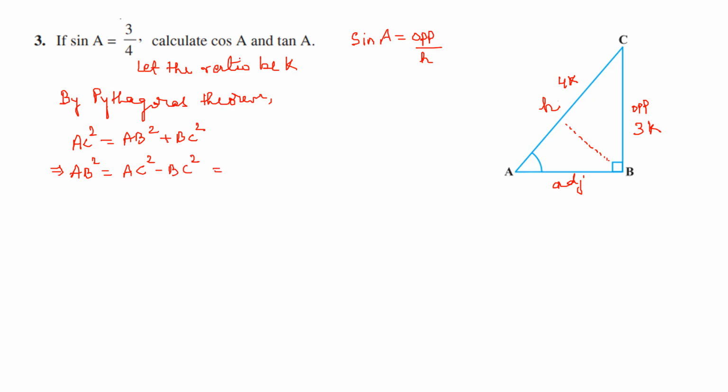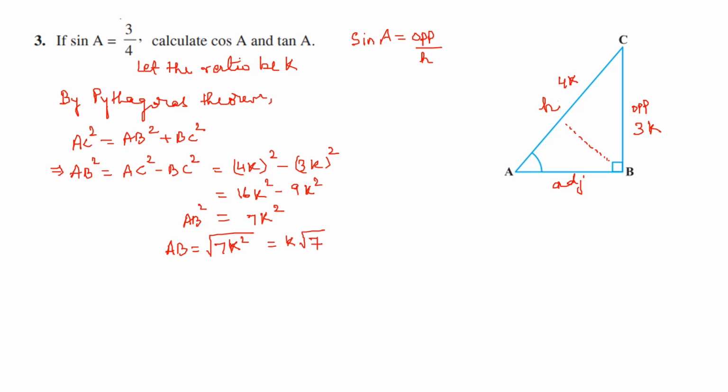And AC whole square means 4k whole square minus 3k whole square. 4 square is 16k square minus 9k square, and 16 minus 9 will give you 7k square. So AB square is 7k square. To find AB, you have to find the root of 7k square. So if you take the root of it, k will come out. So k root 7. Okay, this is the value for AB. AB is k root 7, or you can say root 7 times k.